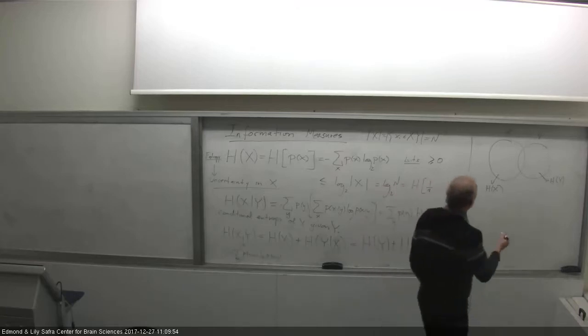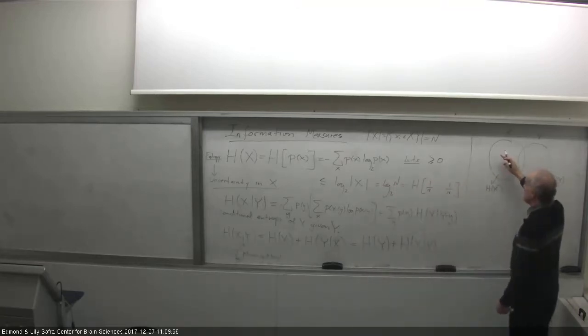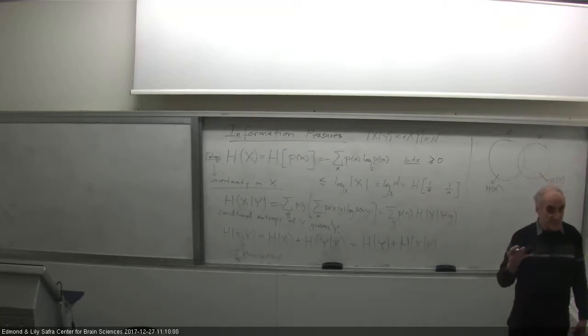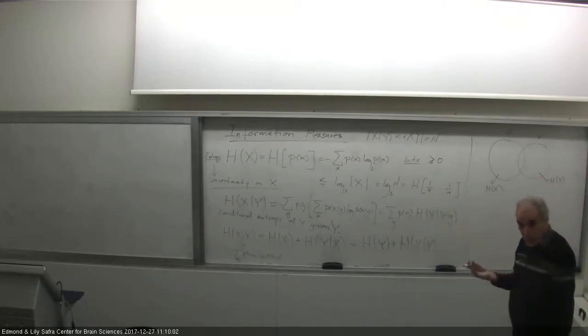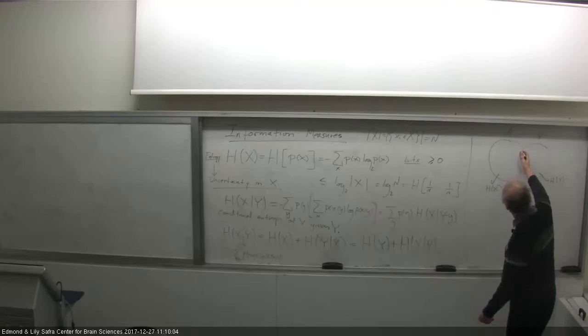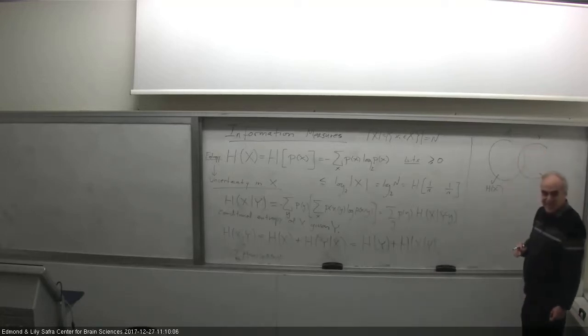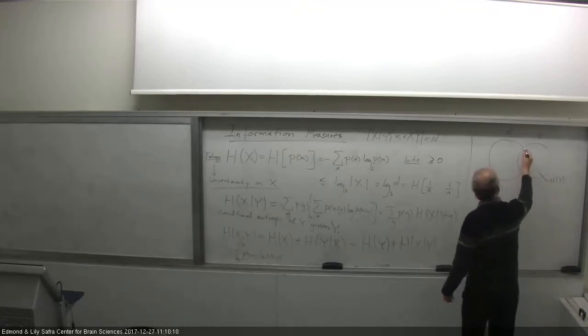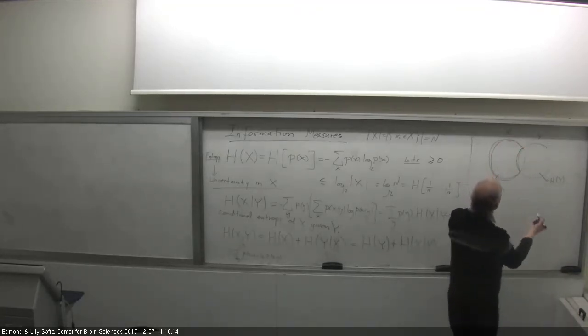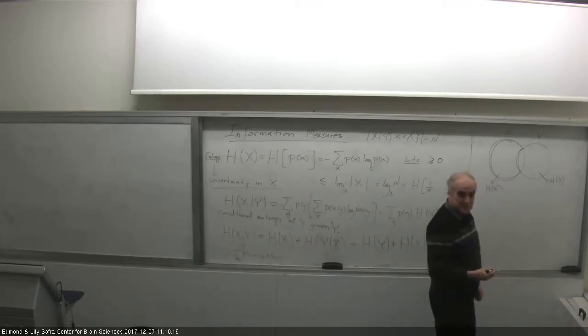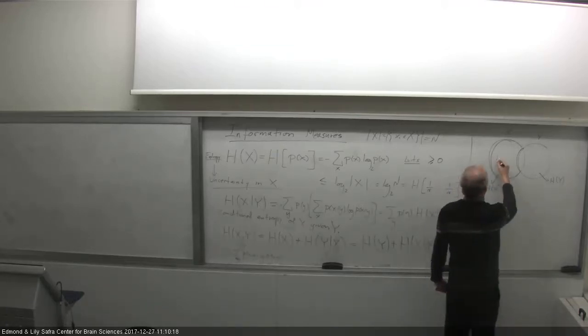So the conditional entropy of x given y is the uncertainty remaining in x when I know y. If I know y, some of the uncertainty of x is removed. So this area, which is the area of the set x minus y, is just the conditional entropy of x given y.